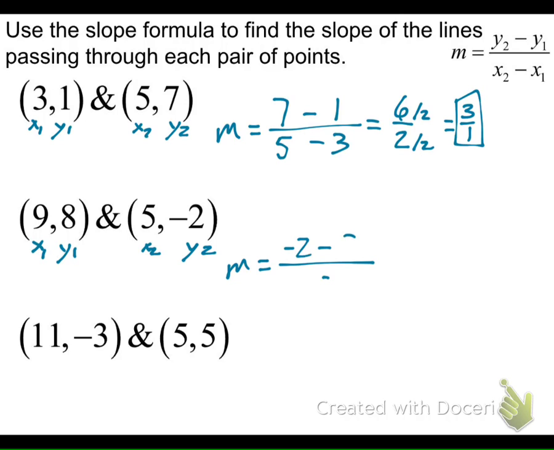And then, Danielle, can you tell me what numbers go on the bottom? 5 and 9. Perfect. 5 and 9. Okay. What's negative 2 minus 8? Somebody? It's negative 10.